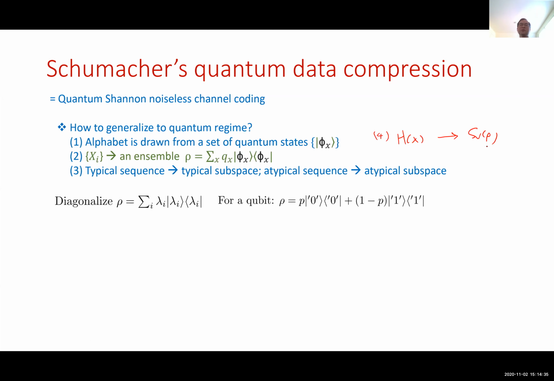So to understand this, if you think in the diagonal basis of rho, then it will be straightforward. So let's just look at this. The phi x and q x are generally not eigenstates and eigenvalues.